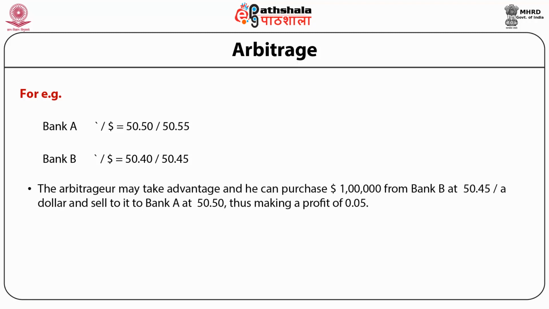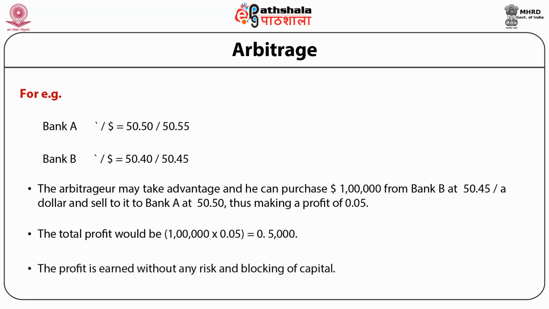He can purchase 1 lakh US dollars from Bank B at 50.45 per dollar and sell them to Bank A at 50.50, thus making a profit of 0.05 per dollar. The total profit would be 1 lakh multiplied by 0.05, which comes to 5,000. The profit is earned without any risk and blocking of capital.